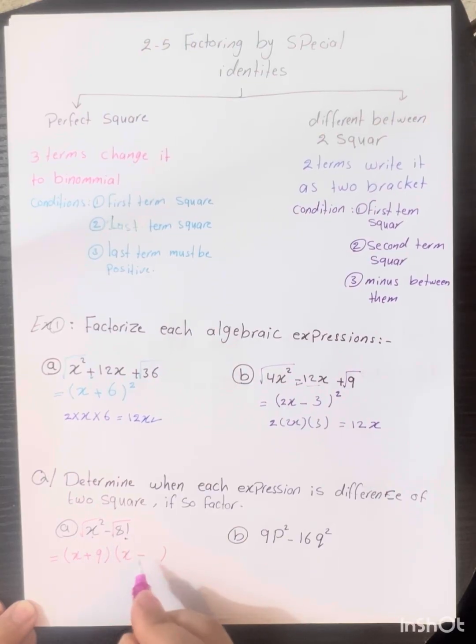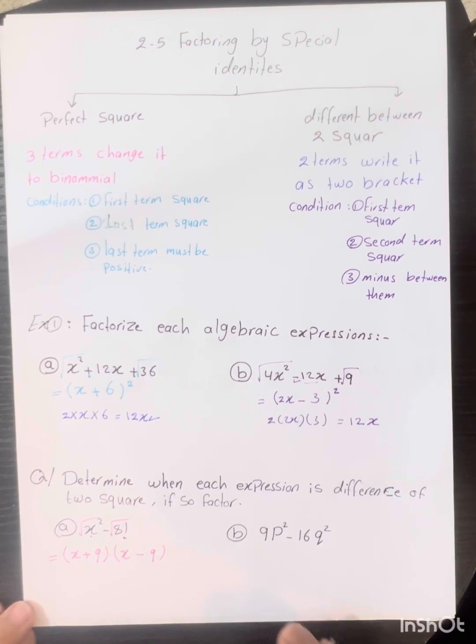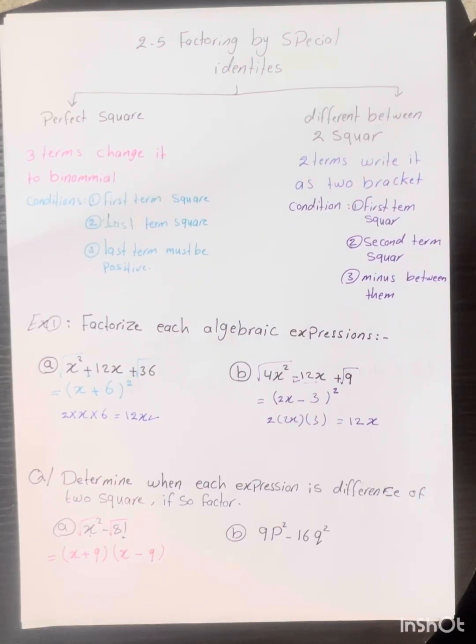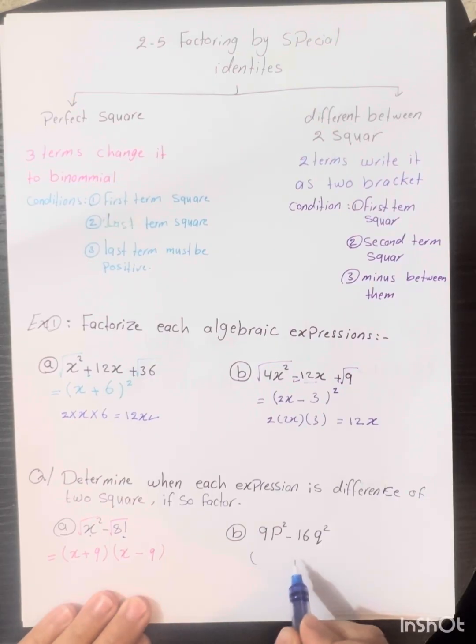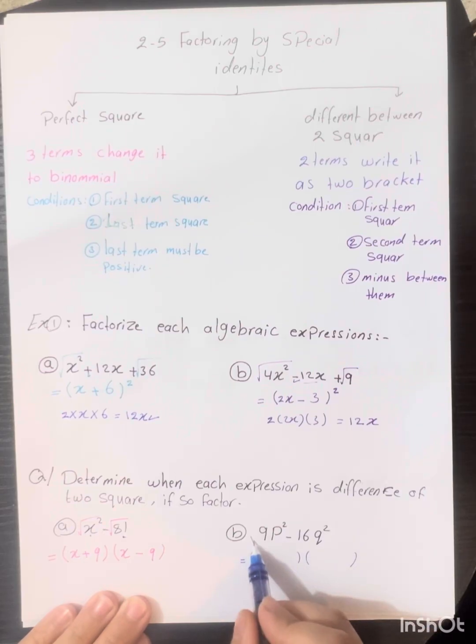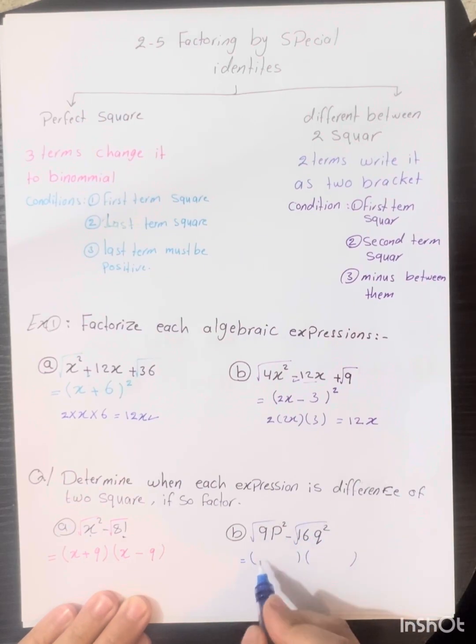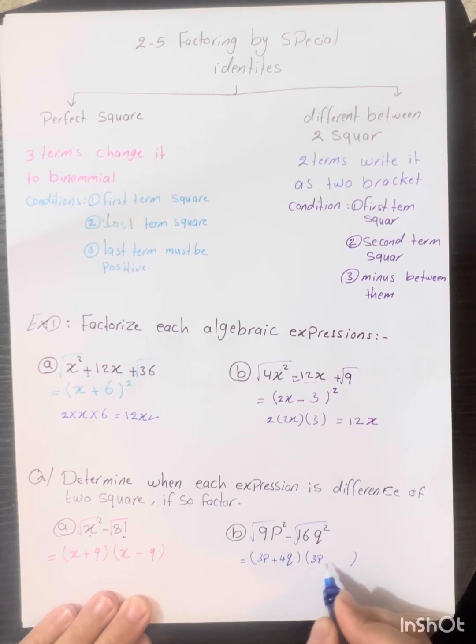I will write two brackets with the same terms, but one of them negative and one of them positive. Again in part B, we have two brackets. Square root for both of them: this will be 3p plus 4q, and again we have 3p minus 4q.